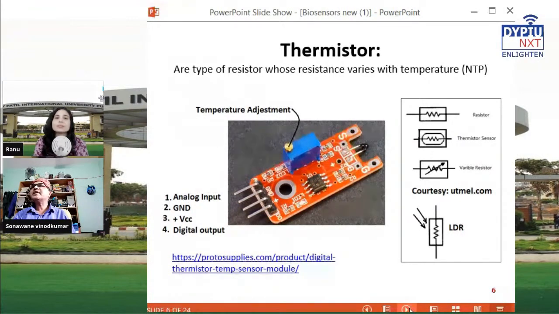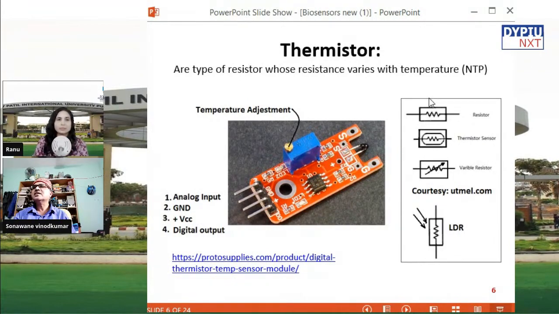If we see the simple resistor in the block, right, then the thermistor sensor is shown in another block, right? And there is a schematic of a variable resistor which looks a little different than this.